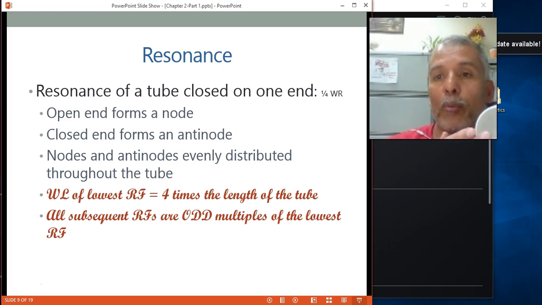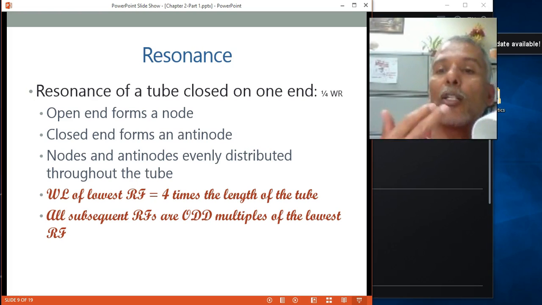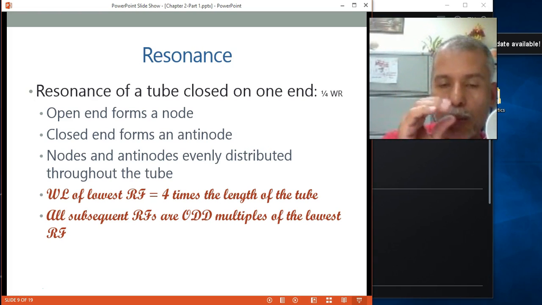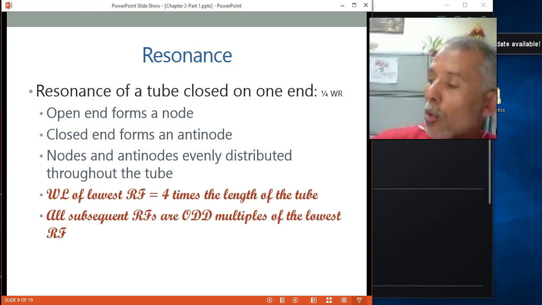The third time it will be 3/4. The fourth time the air continues to vibrate, it will be 4/4. The fifth time, 5/4. And you keep going and adding; every time the wave becomes smaller and smaller, more and more of it will fit into the tube.